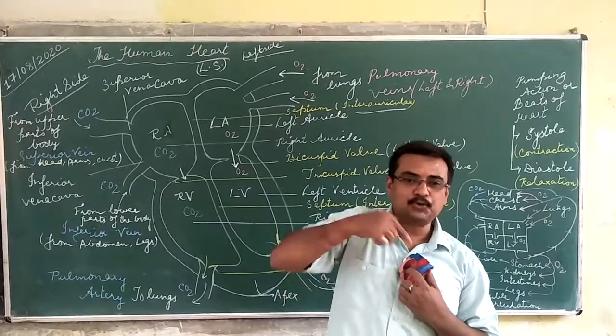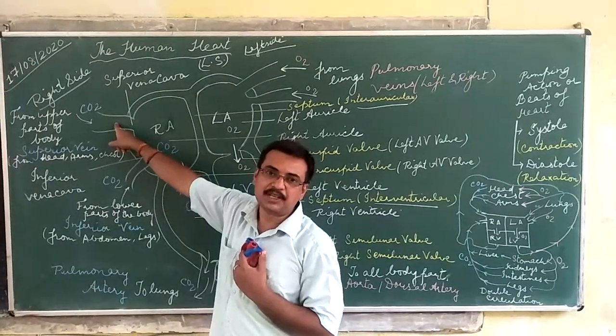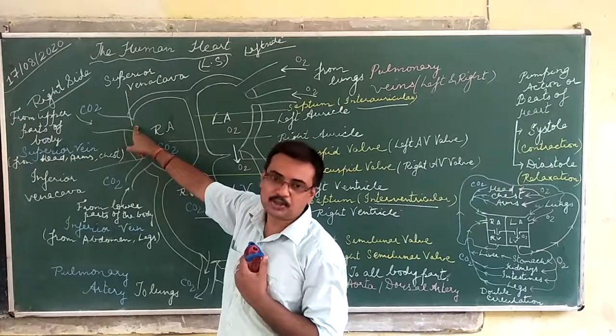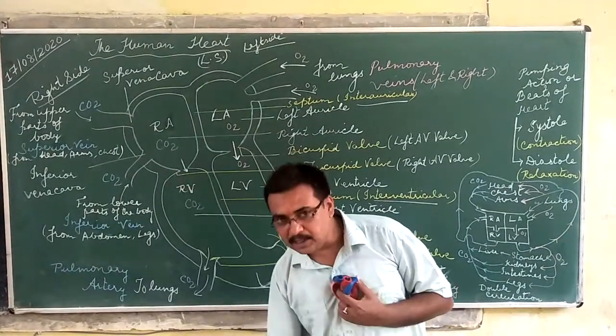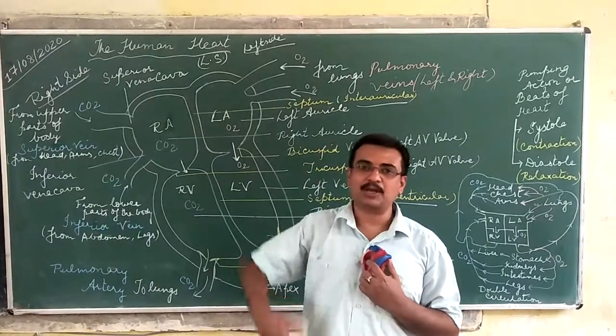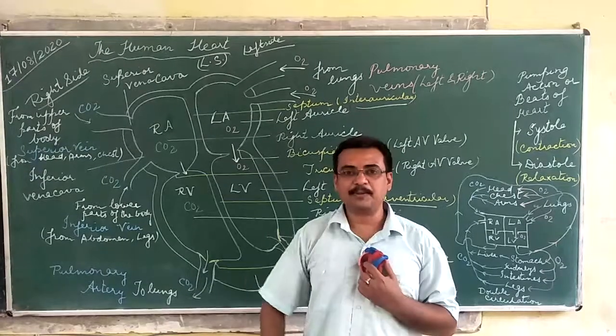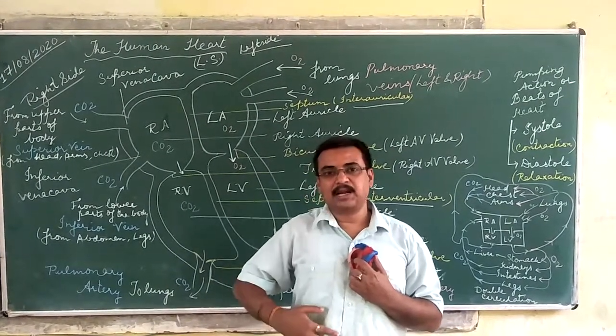It will enter into this portion. This is the upper one, which we are calling the superior vein. This opening of the superior vein is called the superior vena cava. Similarly, blood in the form of veins will be brought from the legs or limbs, from the stomach, from the kidneys and from the intestine.